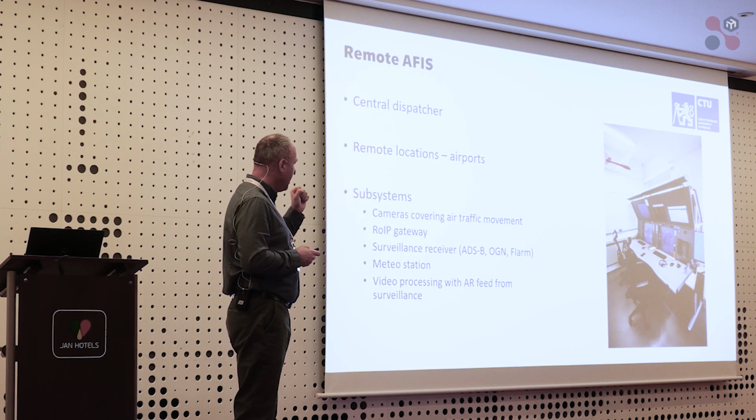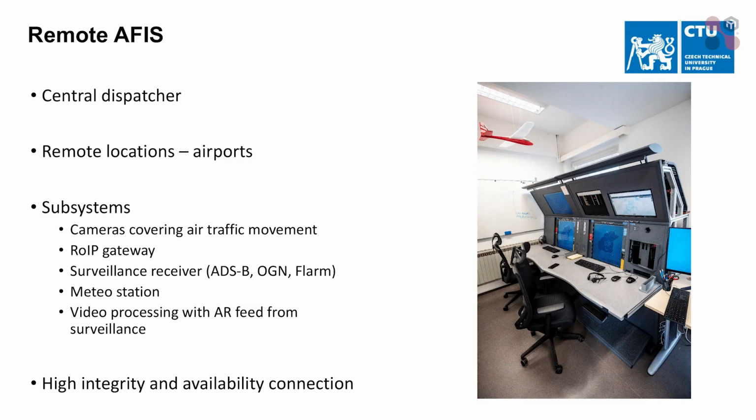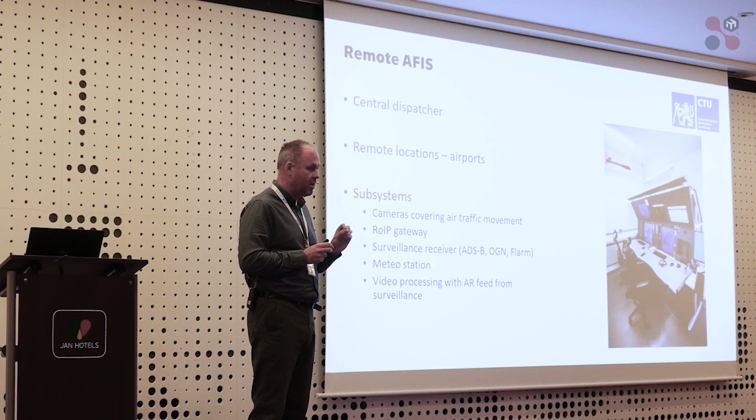And it's basically built on a couple of cameras. We don't use the cheapest one, but we use something like Hikvision with a little bit hacked firmware, because we don't want China to watch our airports.